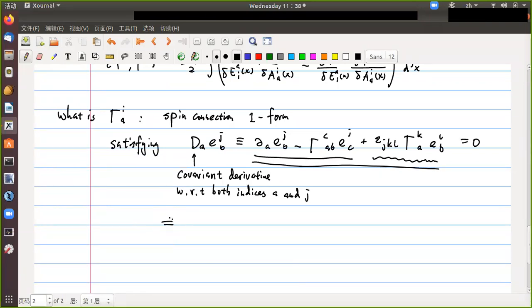So you can solve that epsilon jkl gamma ka equals minus EBL.